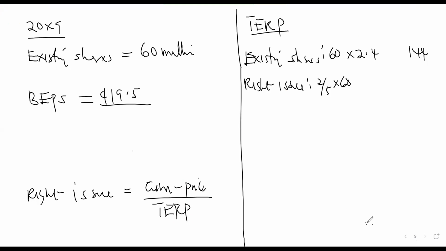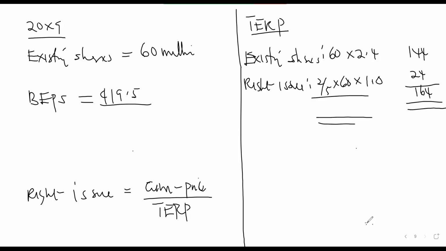Each of these shares is issued at 1 cedi, so what is the amount that we are realizing from the right issue? 24 Ghana cedis. The total value of the company now will be the value of the existing shares, which is 144, plus the money from the right issue. That will give you 168.